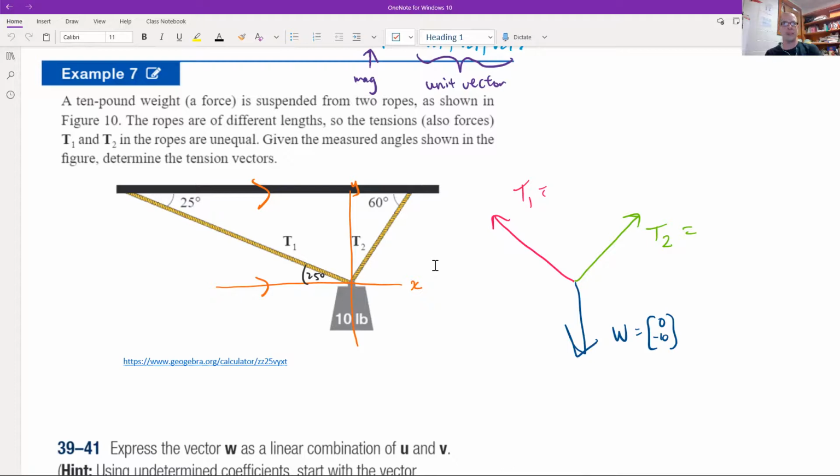What I'd like to do there is, since we know the 25 degrees, we can situate the direction of the vector, but right now what's unknown is the magnitude of that vector, because we know that tension 1 and tension 2 are sharing the overall force of this weight, but we don't know exactly how they're sharing it. So what I'm going to do for now is write the magnitude of T1 as kind of an unknown.